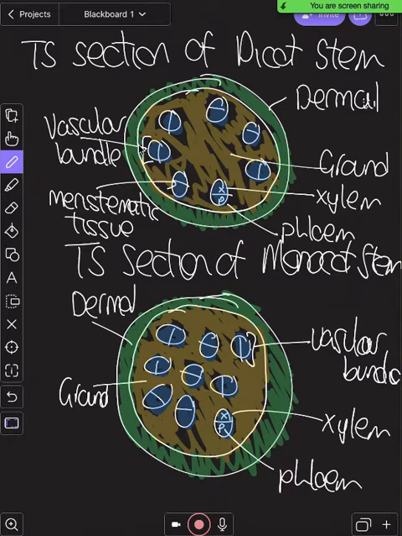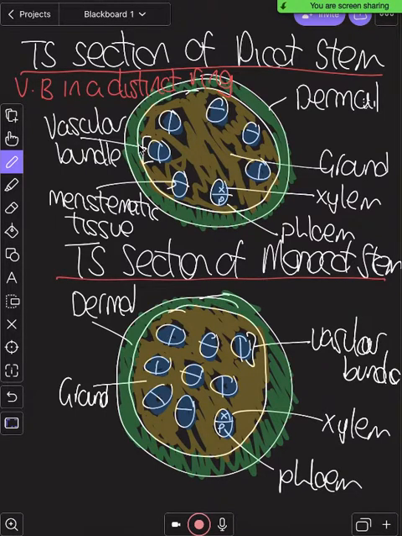So for your transverse section, when it asks you how do you know it's a dicot stem, we're saying that your vascular bundle, so I'm just going to write it as VB, in a distinct ring. And for your monocots, how do we know that it is a monocot?